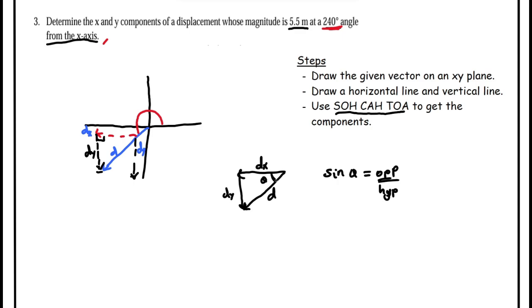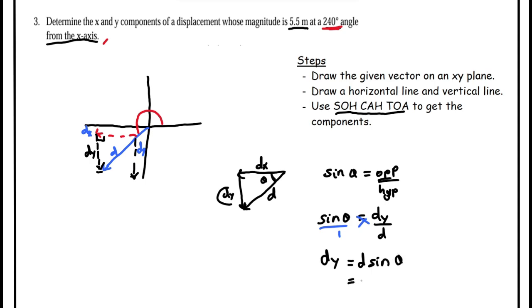If this is our theta, the opposite side is dy. Sine theta is equal to dy over the hypotenuse, which is simply d. Let's make dy the subject because it's the one we're looking for. To get dy, we cross multiply so that dy is equal to d times sine theta.